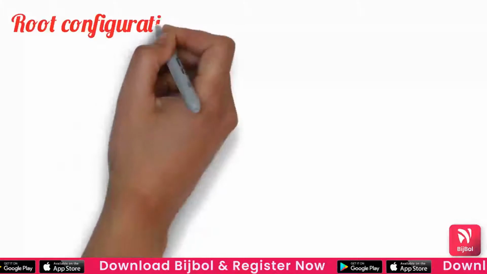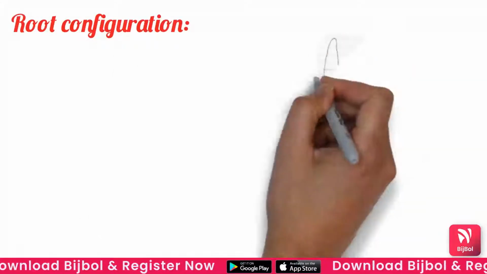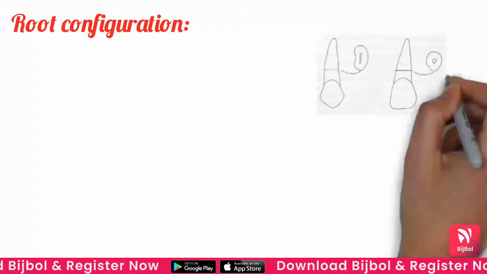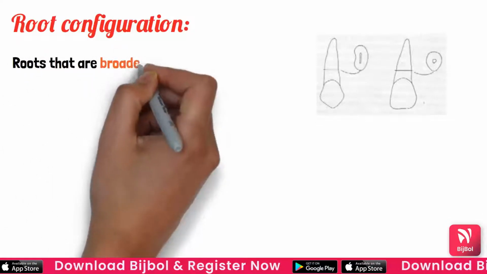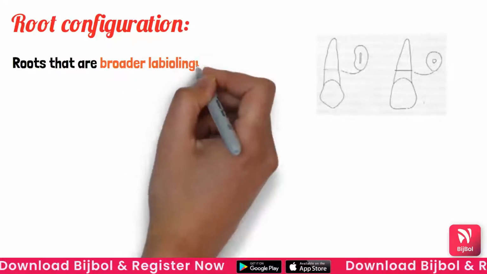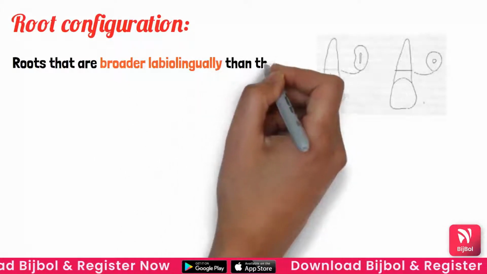Now, what about the root configuration? When we are looking at root configuration, the roots have to be broader labiolingually than mesiodistally, or broader buccolingually than mesiodistally.